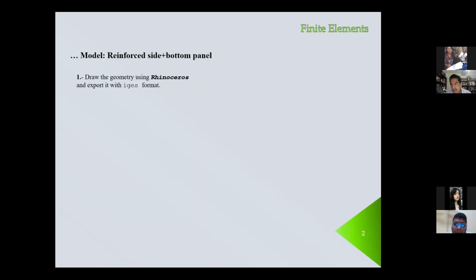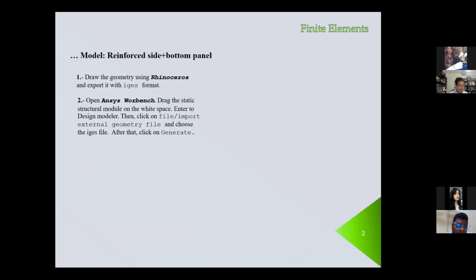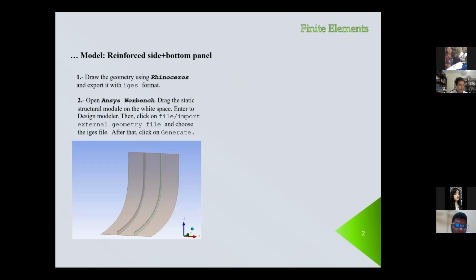So the first step: everyone has to draw this geometry using Rhinoceros and then export it in IGES format. You can create a new structural model and then import the geometry.